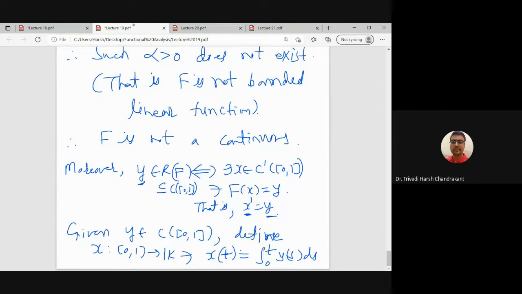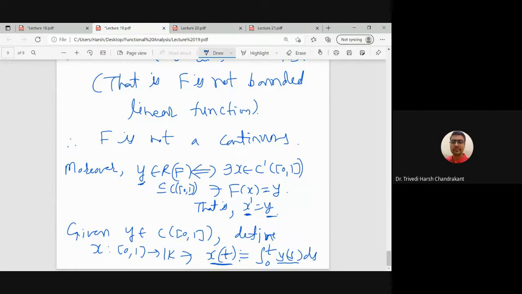Right, so we are defining the x function in this form, and then what is the derivative of x with respect to t? You recall the first fundamental theorem, then the derivative of x with respect to t is y at this point, right? Y evaluated at this point.